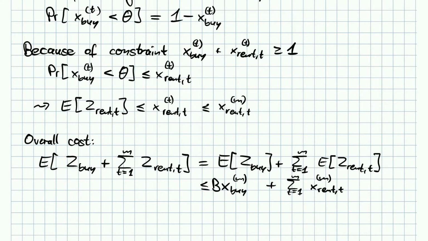And now we know that this is an alpha competitive algorithm. So we might say, replace this. This is upper bounded by alpha times the objective function value for any feasible fractional solution.